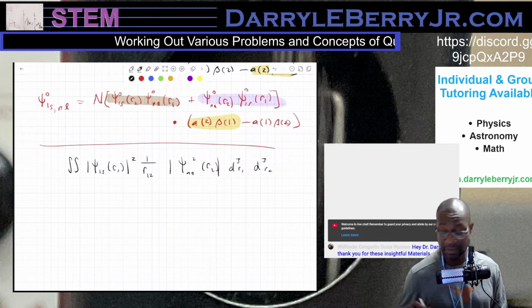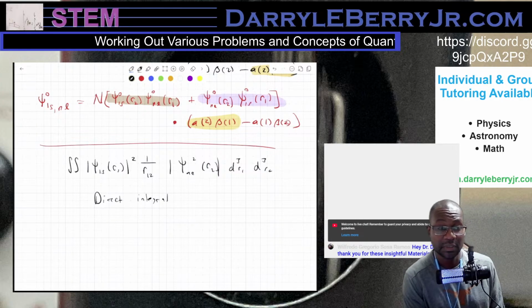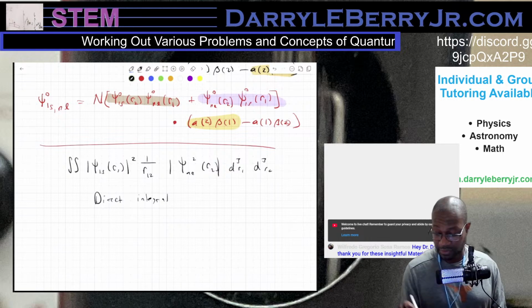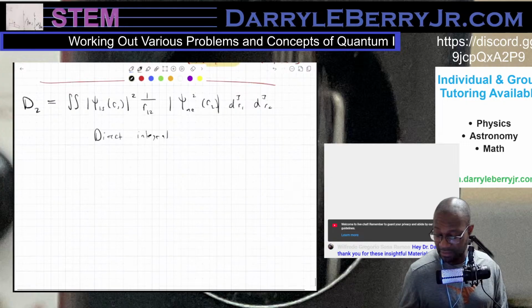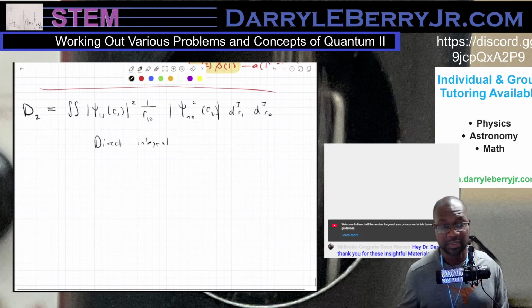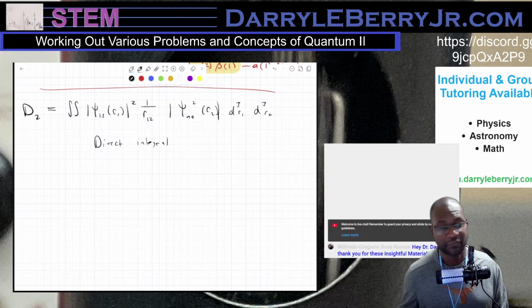And this is the direct integral. And it says the multi-electron atom, so this will be D2, which means that, and let me make sure I'm clear on which one it is. I'll take a look at the actual file.